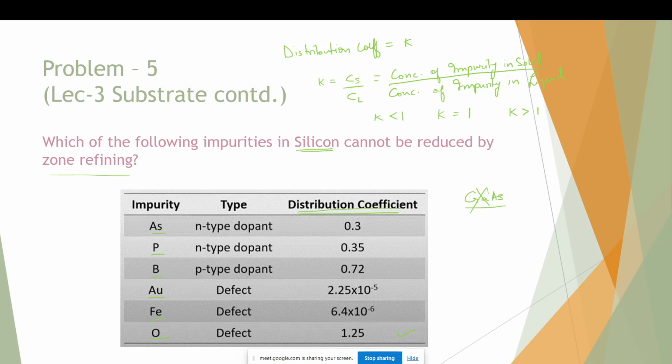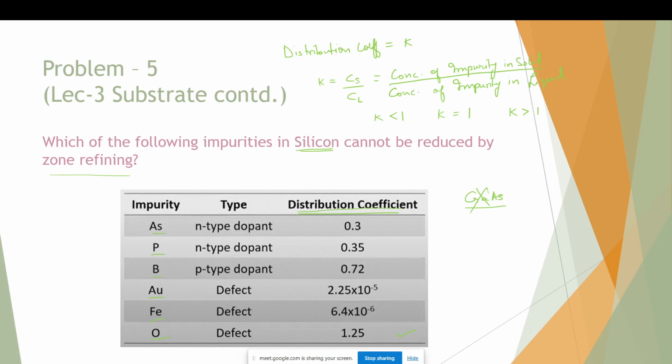Instead of getting removed into the liquid, it will get concentrated in the solid. So we cannot remove oxygen by zone refining techniques. But it's good in a sense that it actually makes the wafer mechanically stronger.